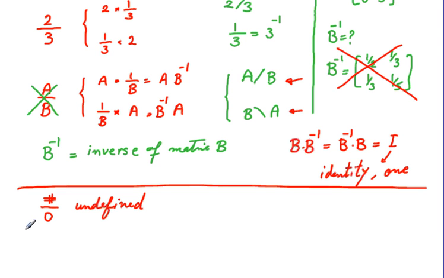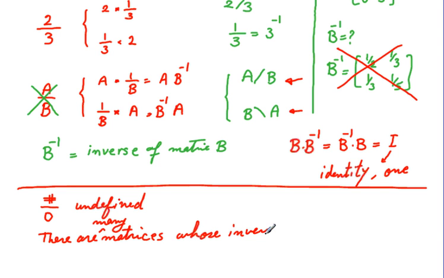operation. It so turns out that there are many matrices also whose inverse is not defined, and it isn't just a 0 matrix. There are many matrices whose inverse is undefined.